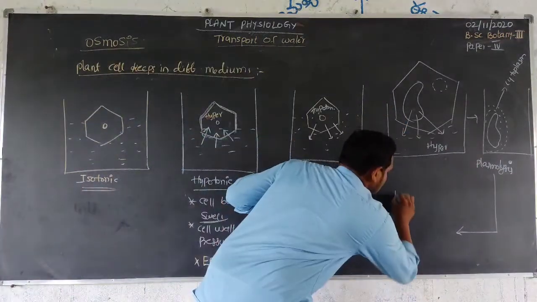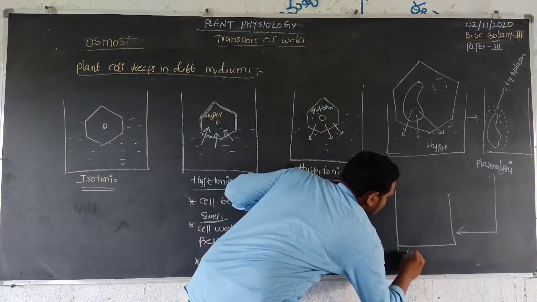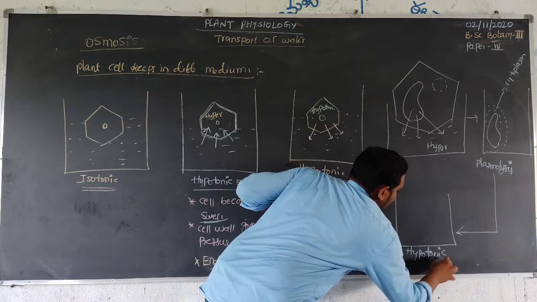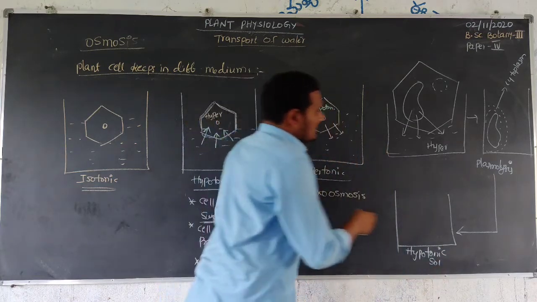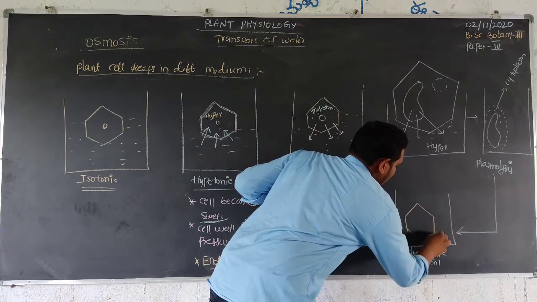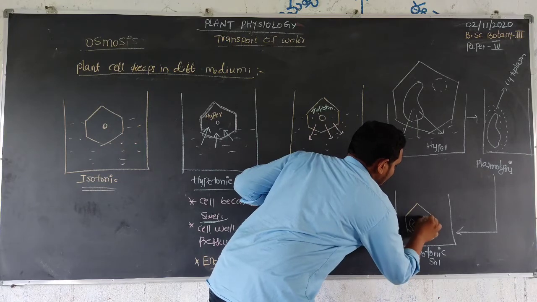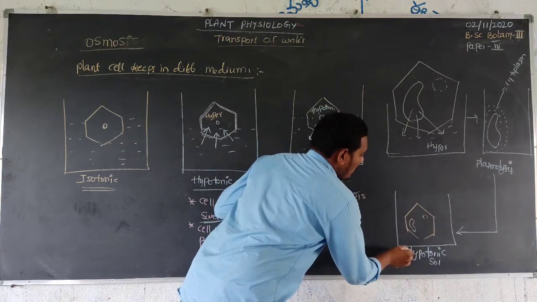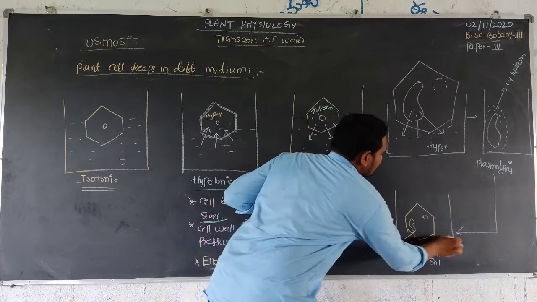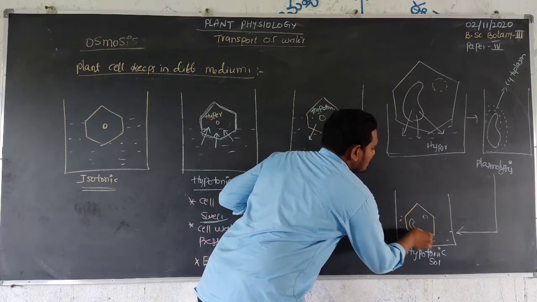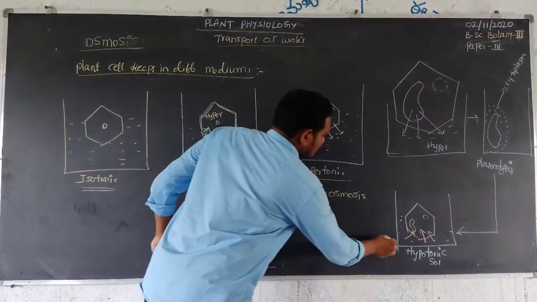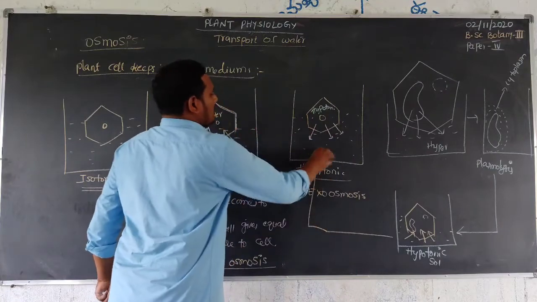this is the hypotonic solution. What will happen? This shrunken cell receives water from the medium due to endosmosis. The water enters the cell, and the cell returns to normal.